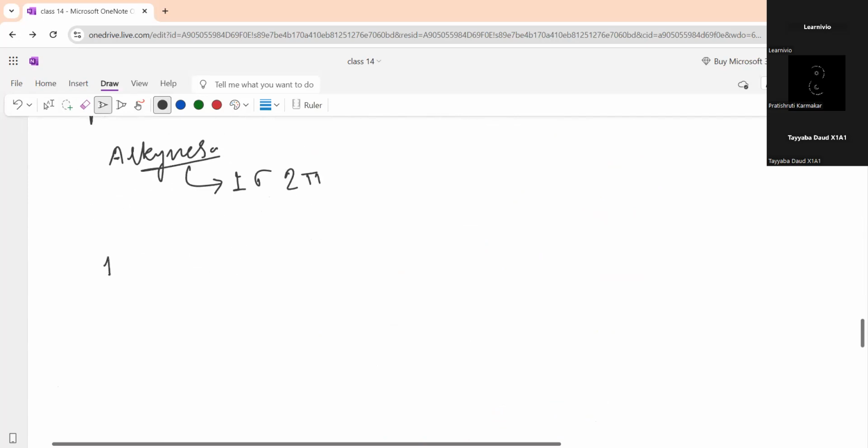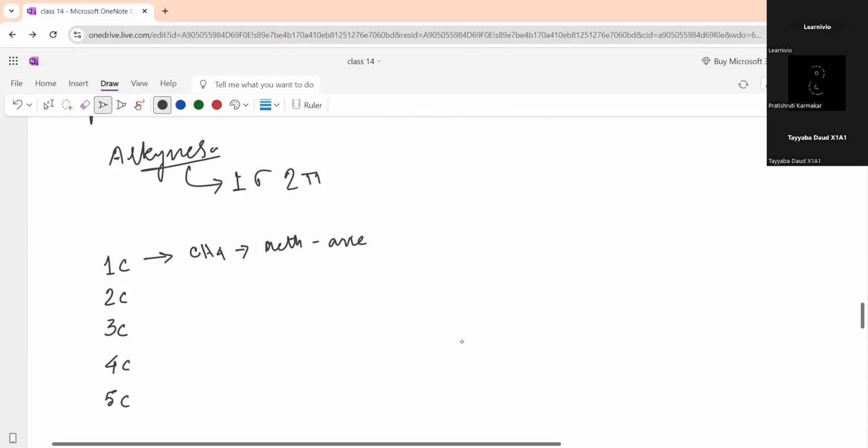Now coming to, if there is only one carbon, let's write this: 2 carbon, 3 carbon, 4 carbon, 5 carbon. When we had only one carbon in our alkane series, like we had CH4, what did we call it? We called it methane.